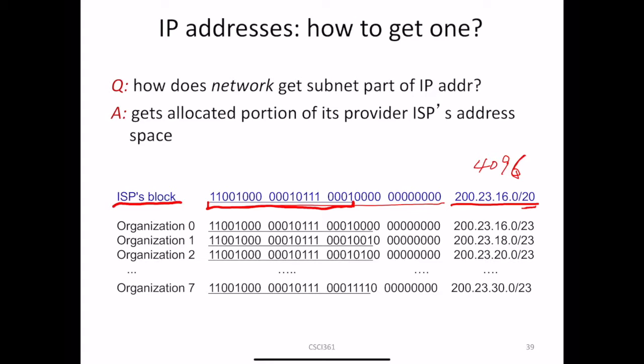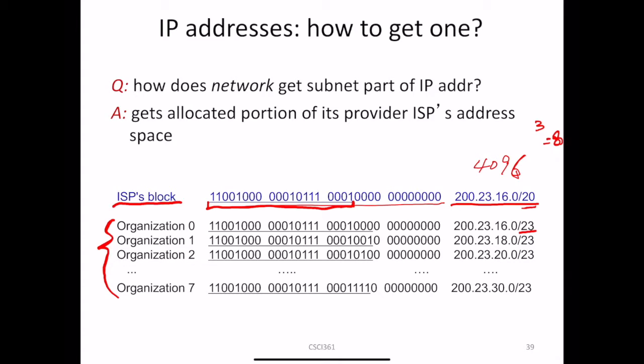This whole block will be divided into multiple portions. You can see there are a number of organizations that can get an IP address block from this internet service provider. For each organization, the subnet mask is 23 bits. Comparing 20 with 23, there are 3 bits different. If we convert that to a decimal number, it is equal to 8.